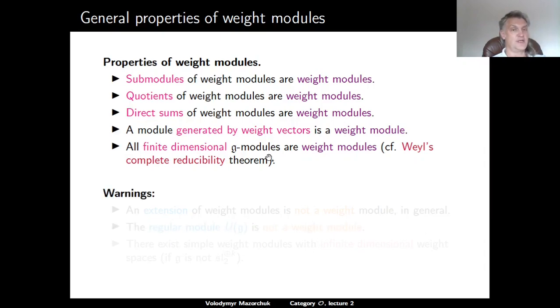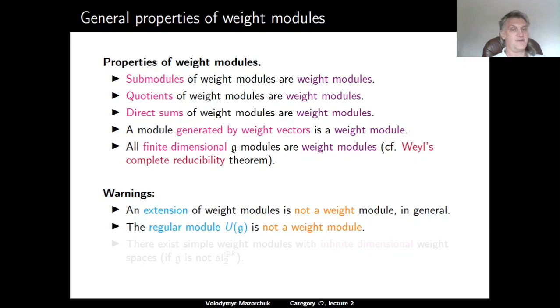And as we just discussed, any simple finite dimensional module is a weight module. A couple of warnings. An extension of weight modules is not a weight module in general, because on the extension, H can in principle act using Jordan cells of size at most 2. The regular module U(g) is not a weight module.